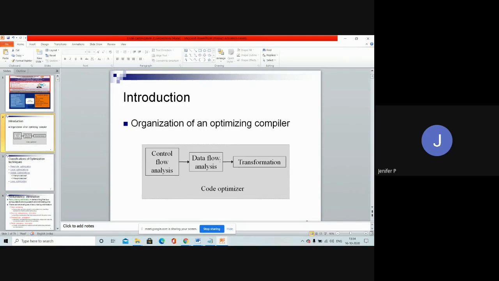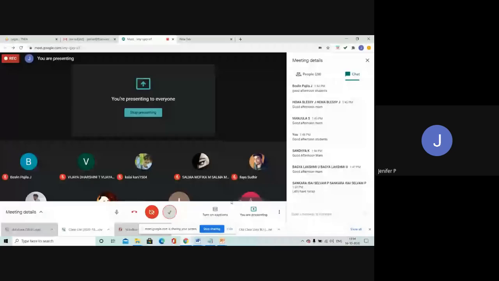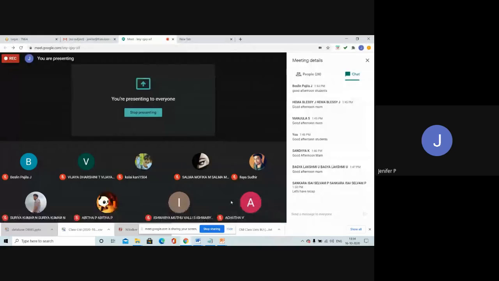The most important representation is, can anyone post in the chat box what is the main representation used in intermediate code? It is a very important thing.